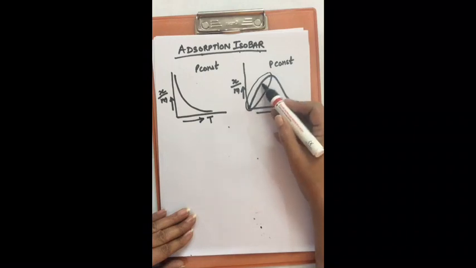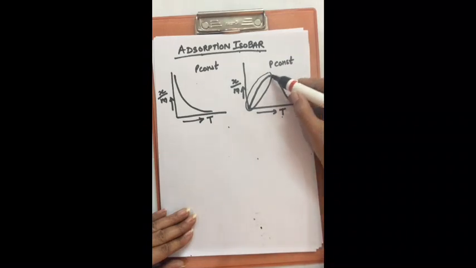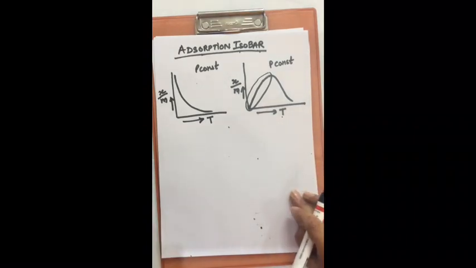So the initial increase in adsorption is because the heat supplied acts as the activation energy required in chemisorption. Further increase in temperature will break the forces between adsorbate and adsorbent, and hence adsorption will decrease with increase in temperature.